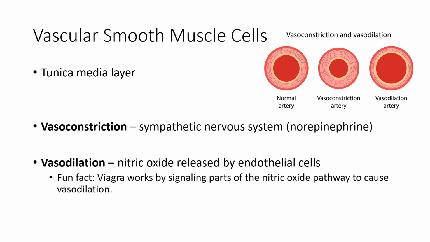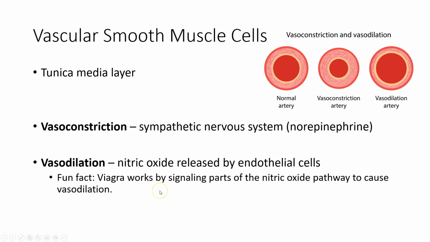We call this vasoconstriction, and this is initiated through our sympathetic nervous system with the neurotransmitter norepinephrine. When we relax our blood vessels, we call this vasodilation. Our endothelial cells release a hormone called nitric oxide that causes the blood vessels to relax.